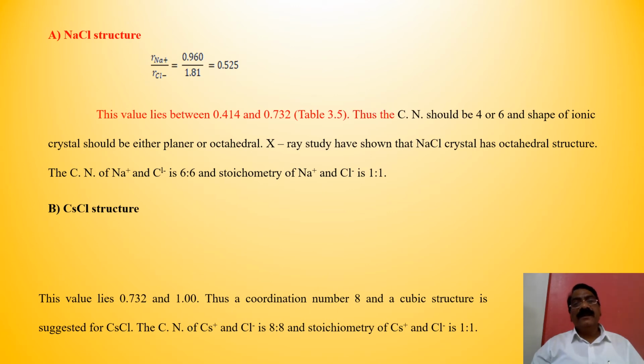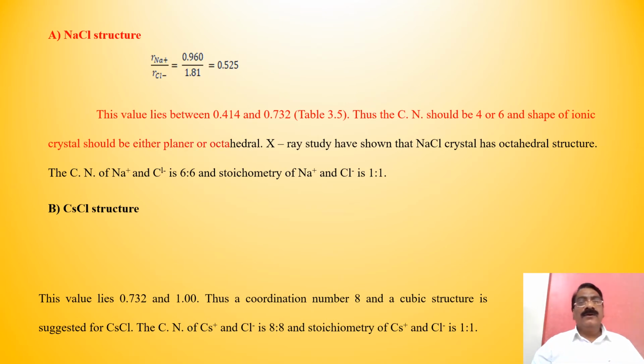As per our table, the coordination number should be 4 or 6 and shape of ionic crystal should be either square planar or octahedral. X-ray studies have shown that NaCl crystal has octahedral structure.